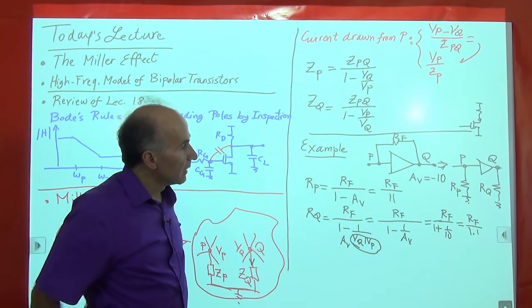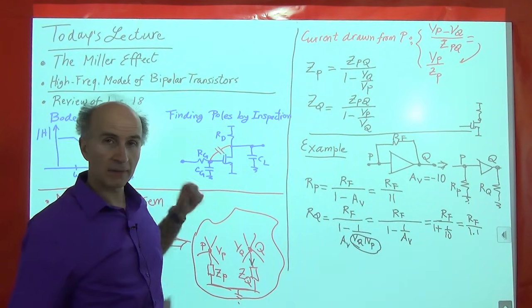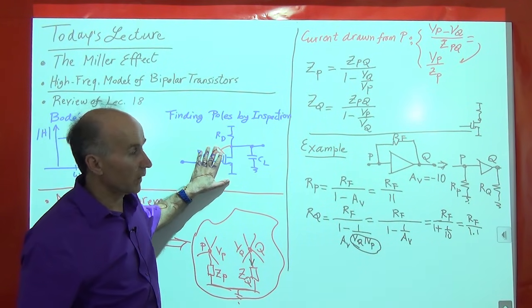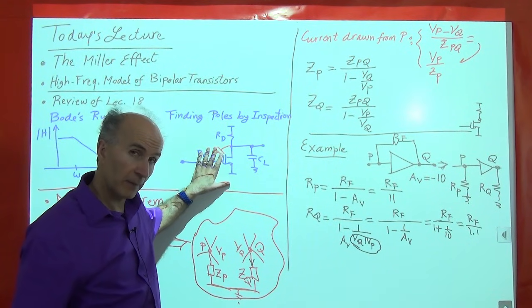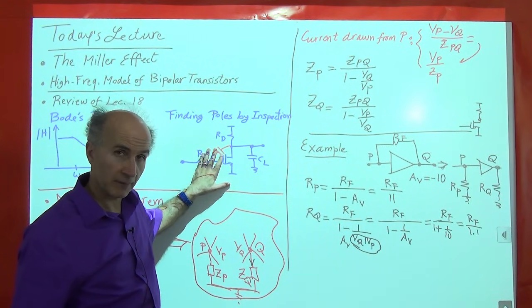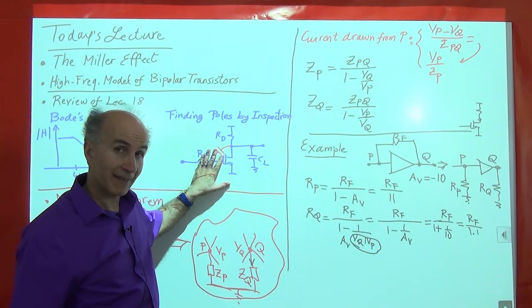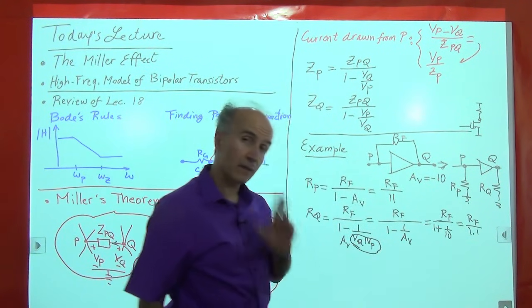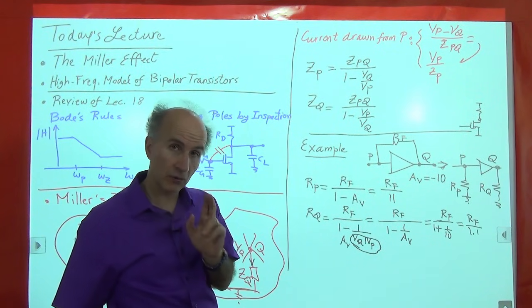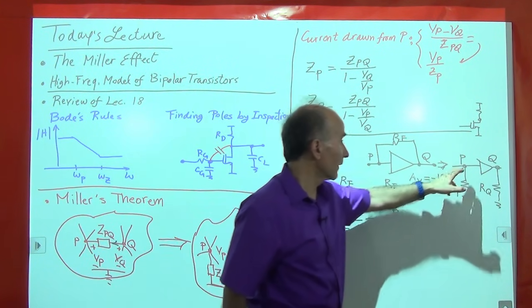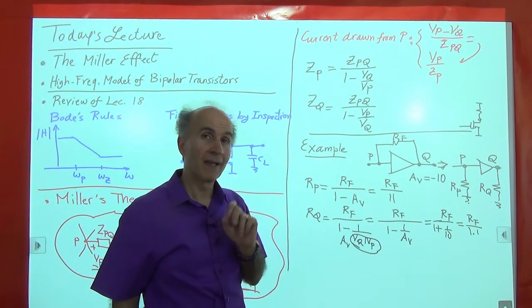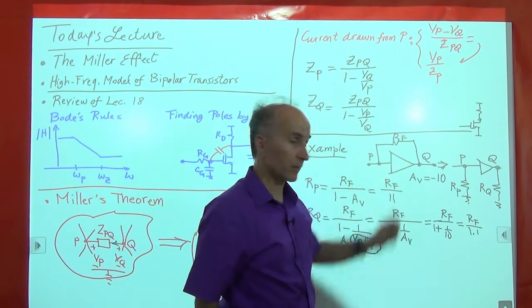Okay, so let's digest this result. It's interesting. It says that when I connect a resistor from the input to the output of an amplifier, and the amplifier has a negative gain, it's an inverting amplifier, right? The result is equivalent to having a resistor from the input to ground, which is actually quite lower than the original resistor.